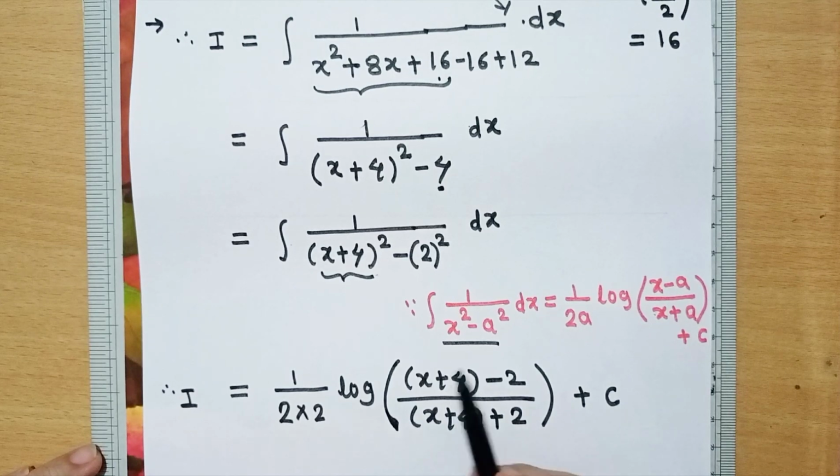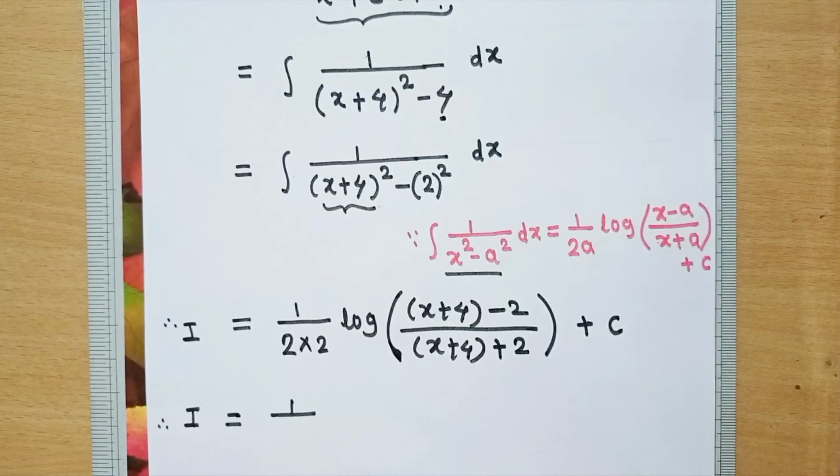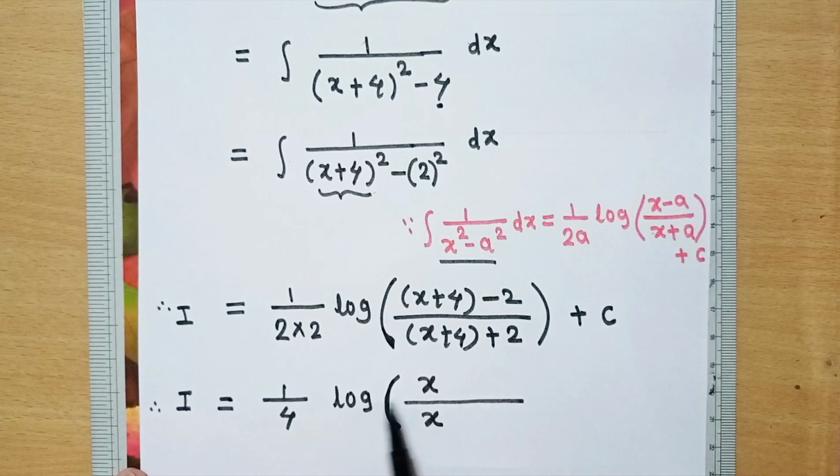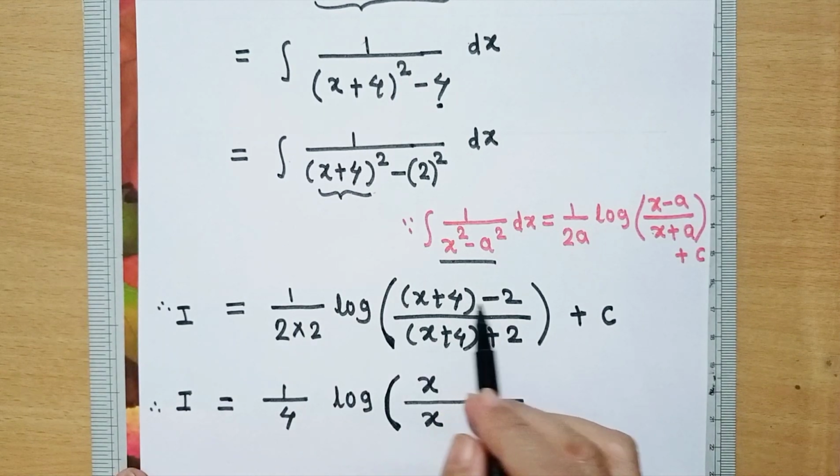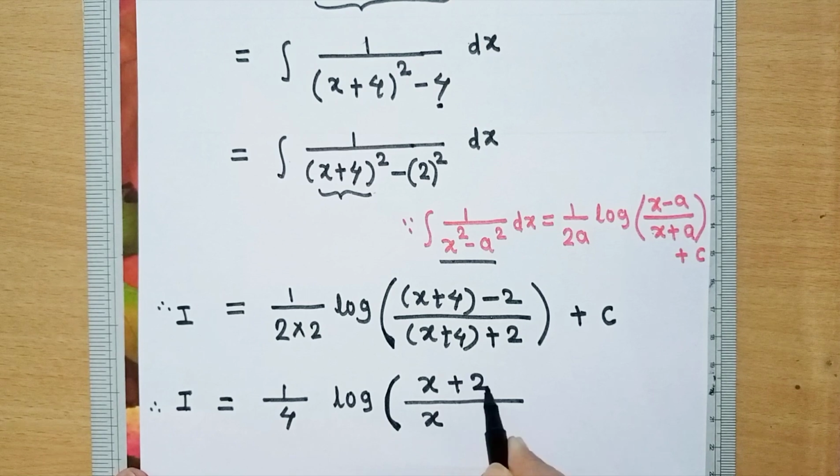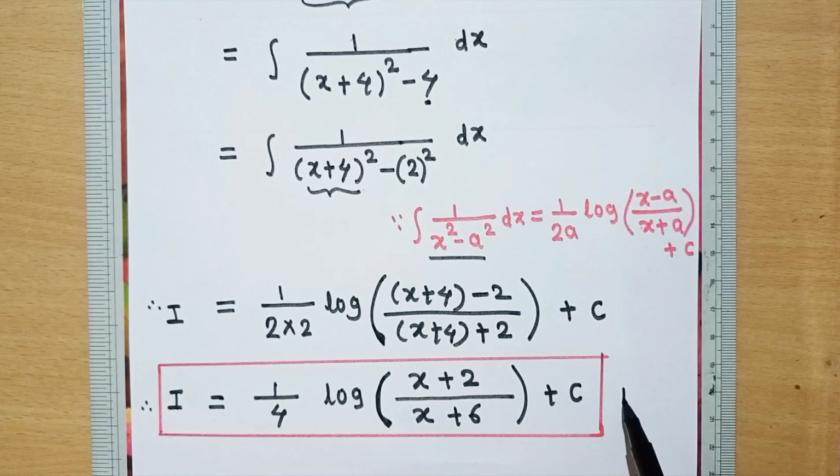And again we have to simplify this, and here 2 2s are 4, log x. Now plus 4 minus 2 is plus 2 and plus 4 plus 2 is plus 6. This complete, and plus c is the final answer of the given integral.